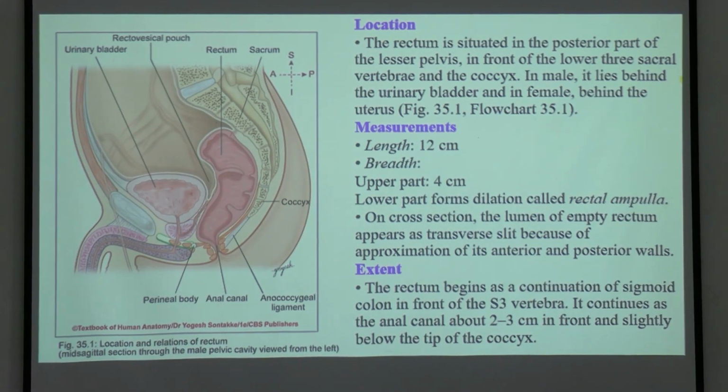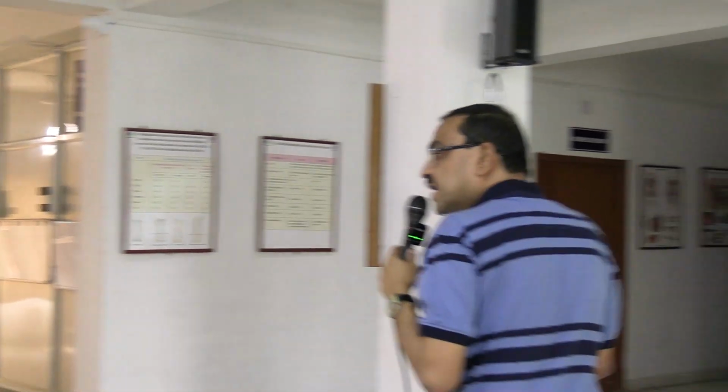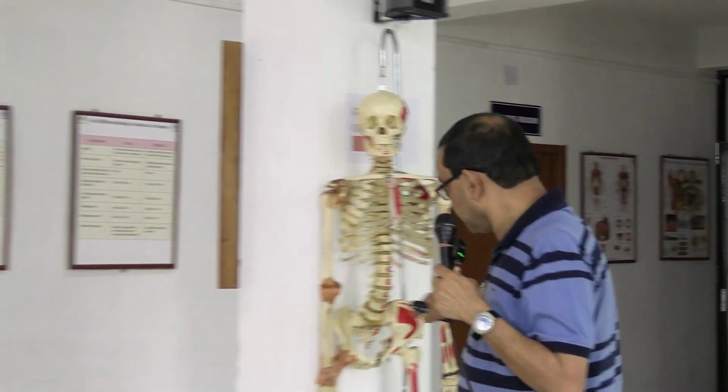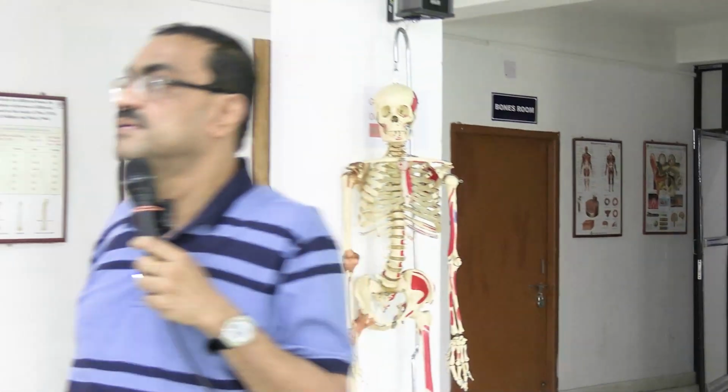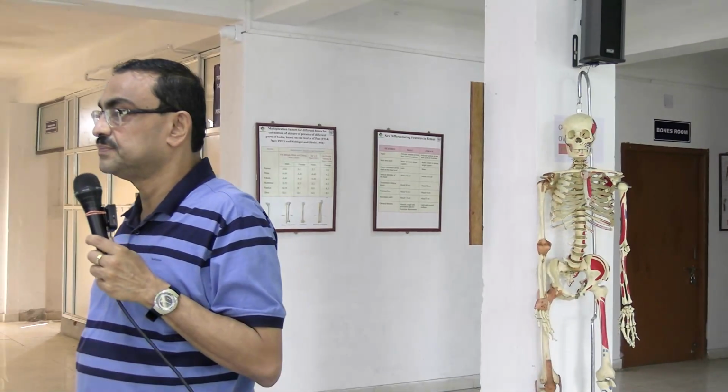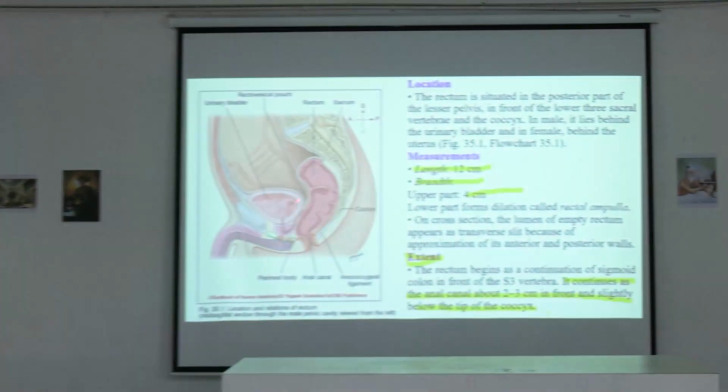And you can see what is the relation. Behind we are getting the sacrum. In front, in case of male, you can find the urinary bladder.